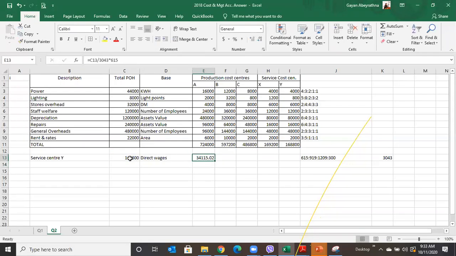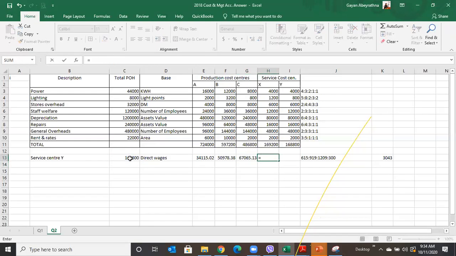Then this one divided by 3,043 into 919 here, equals this one divided by 3,043 into 1,209.